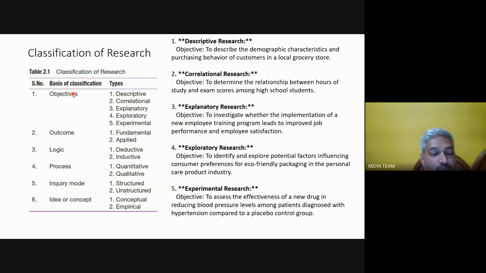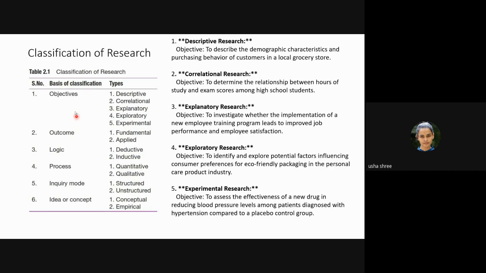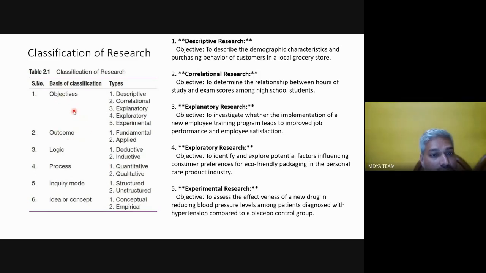See, when you do a research, there are 6 bases to complete your research. First basis, you will finalize your objective to complete your research, right? And on that objective, when you complete your research, it will show an outcome. That outcome will show what your research type is, meaning it is fundamental or applied.